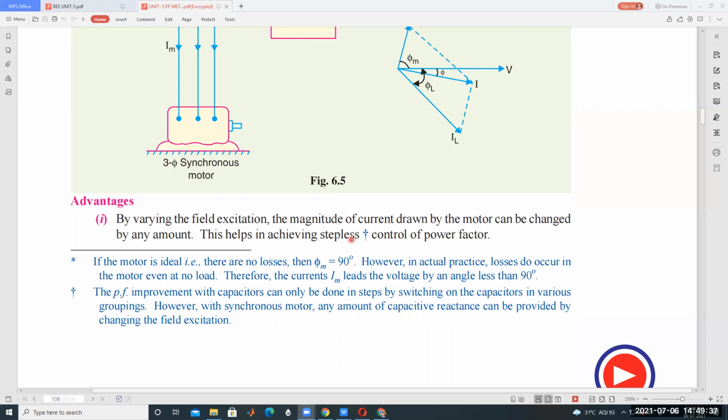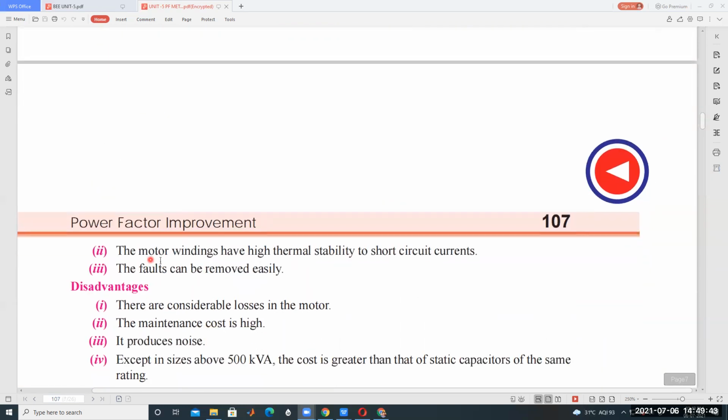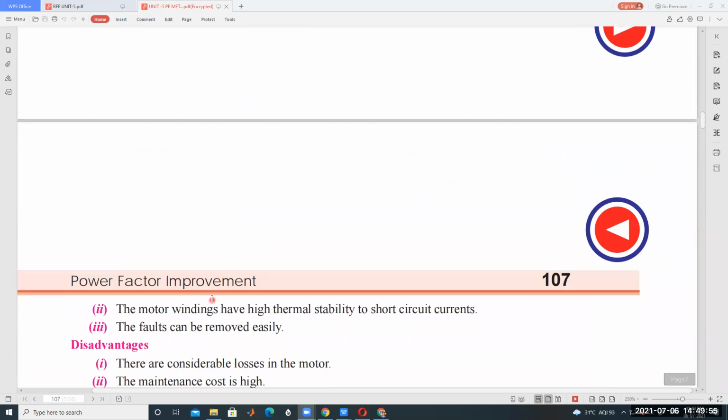This helps in achieving stepless control of power factor. The windings have high thermal stability to short circuit currents, and faults can be removed easily.